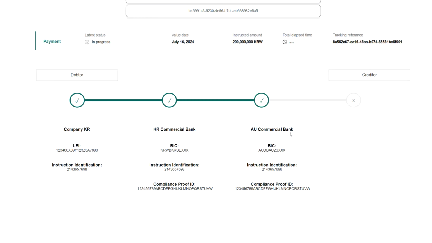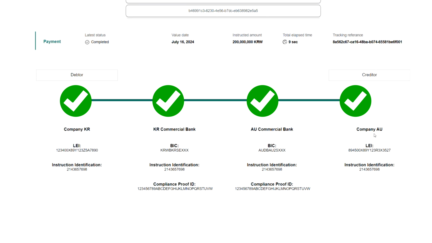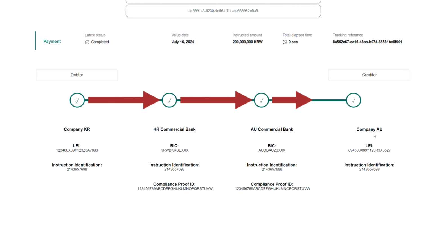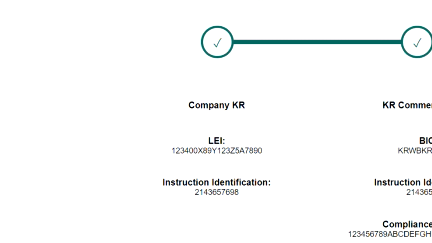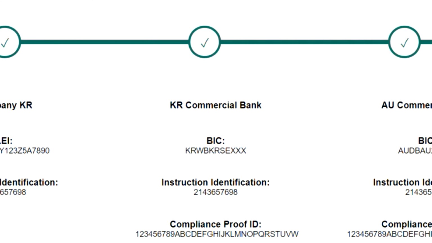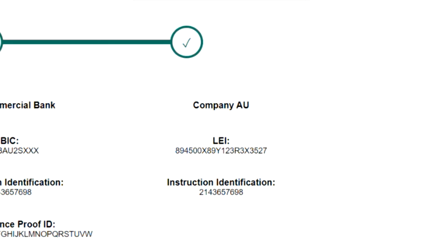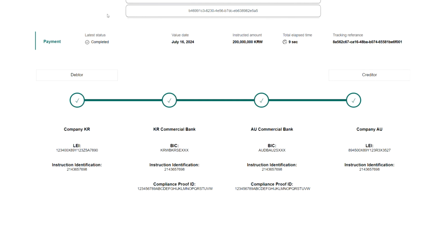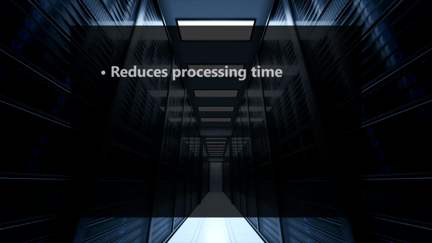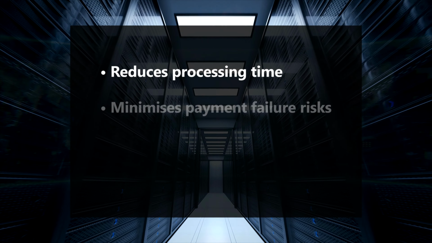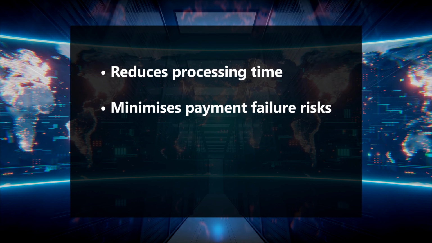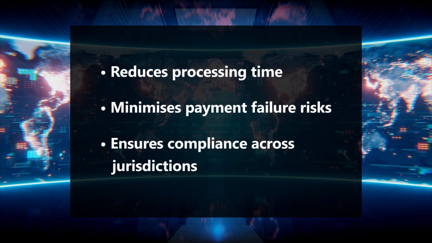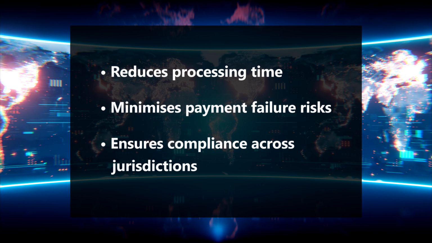This allows them to verify that the required compliance checks have already been completed, enabling them to forward the message without performing additional checks at the time of payment. This process is repeated for each institution in the payment chain until it reaches the beneficiary bank. This approach aims to reduce payment processing time and minimizes the risk of payment failure while ensuring compliance across jurisdictions.